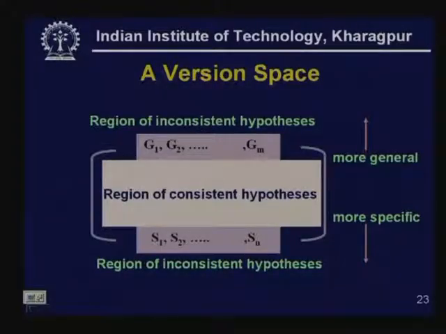Now, we will briefly discuss a variation of this algorithm, which instead of keeping the entire list of consistent hypotheses, tries to represent them in a succinct manner. A version space can be represented by keeping a list of all consistent hypotheses. Additionally, it can be represented by keeping the set of most general hypotheses and the set of most specific hypotheses.